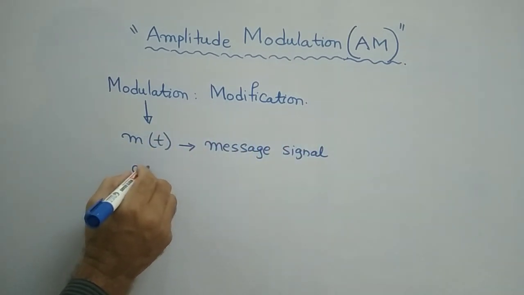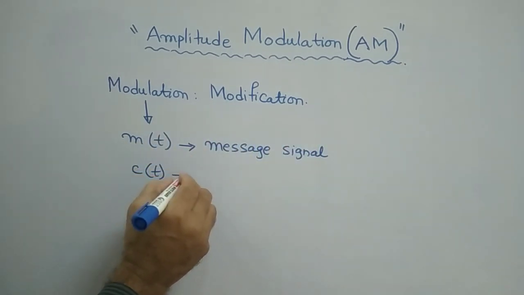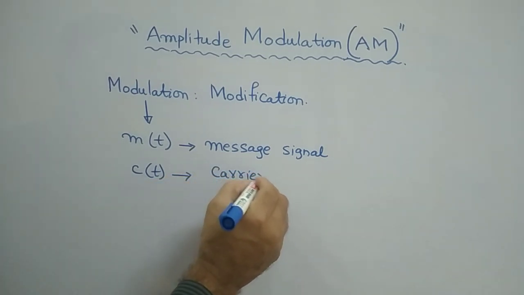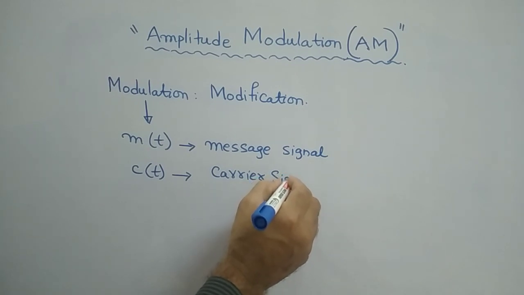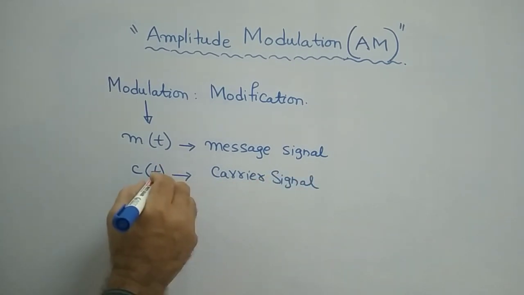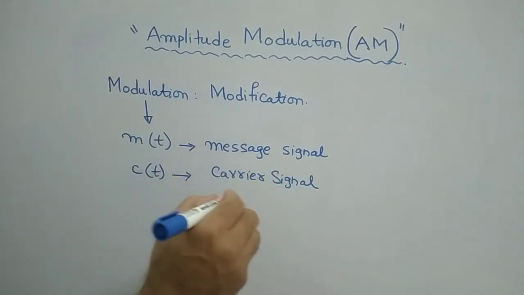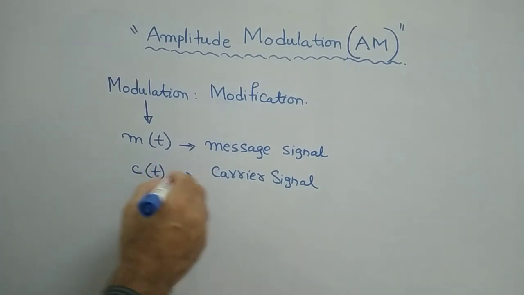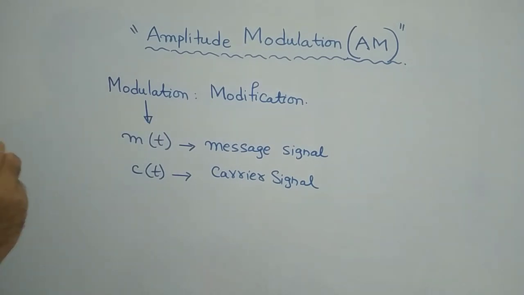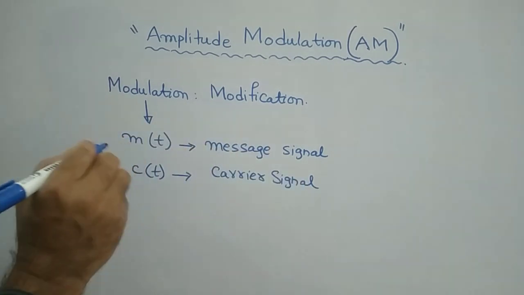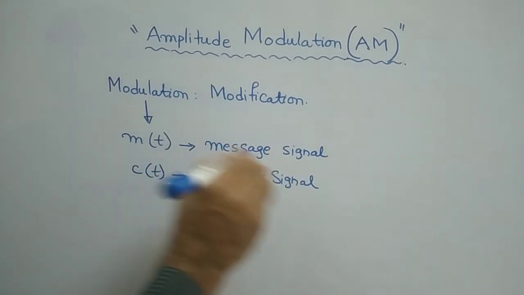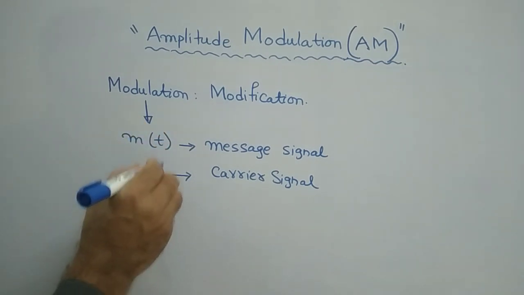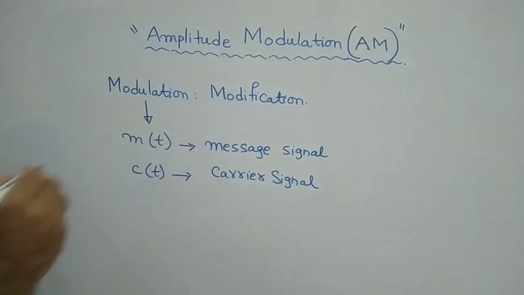The second one is c of t, your carrier signal, which contains no information but has very high frequency components. Actually it is a type of continuous signal but with high frequency. These are the two important inputs required to define the modulation.